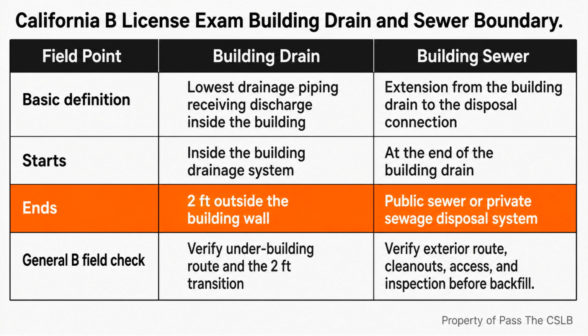The normal minimum slope for horizontal drainage piping is a uniform 1/4 inch per foot, which is a 2% grade toward the point of disposal. The word uniform matters as much as the number. A pipe can start high and end low and still contain a flat spot, or a low section between those points. Overall fall does not excuse a local loss of grade.